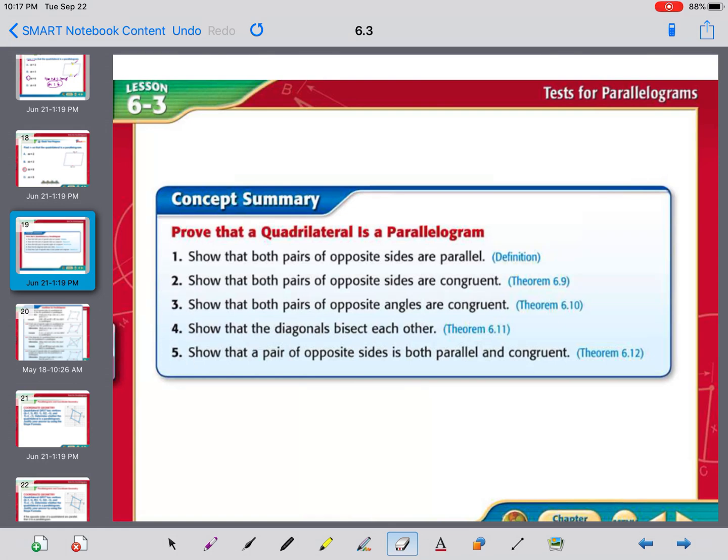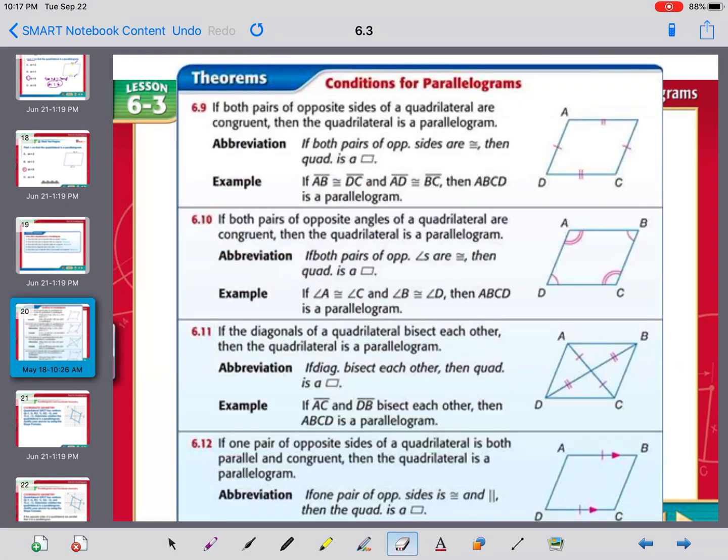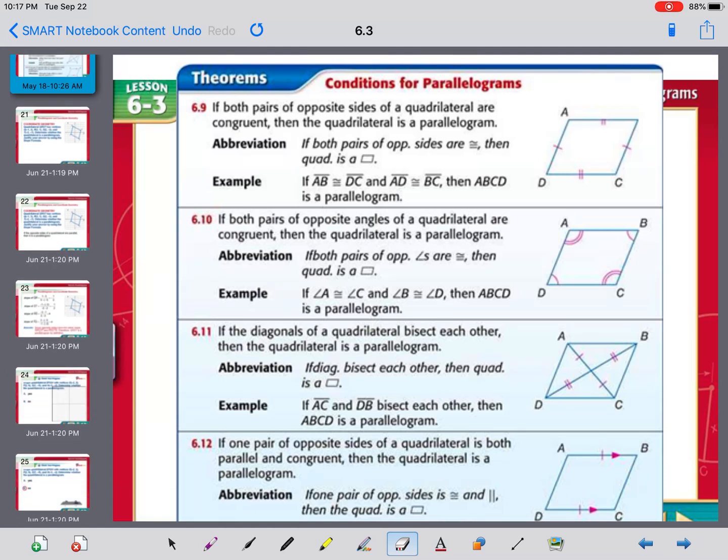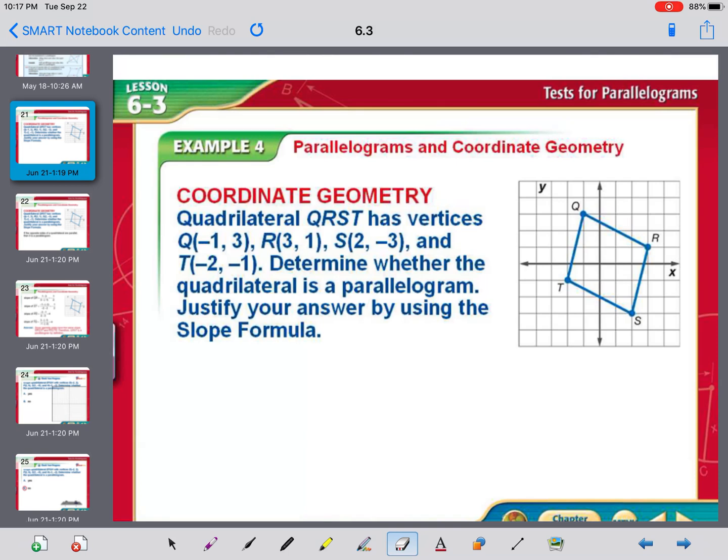So this sort of just re-says the stuff that we've seen. And we're going to do the prove it, coordinate geometry, is what we're doing, right? Coordinate geometry. So we're going to prove.